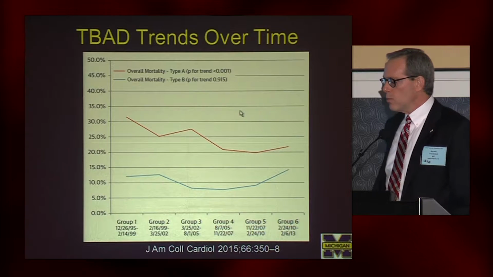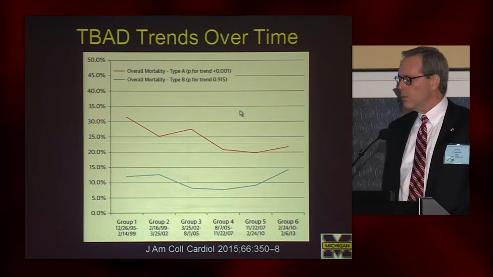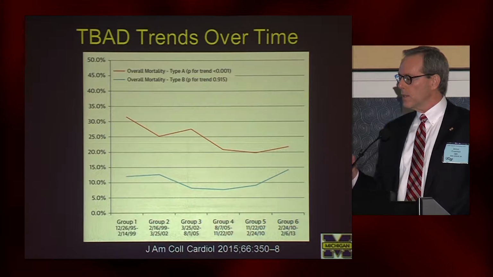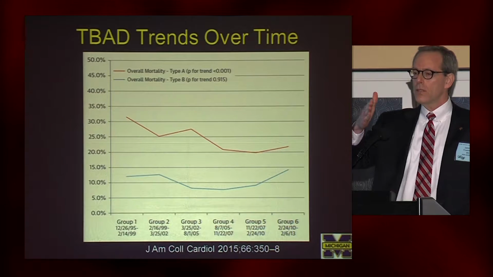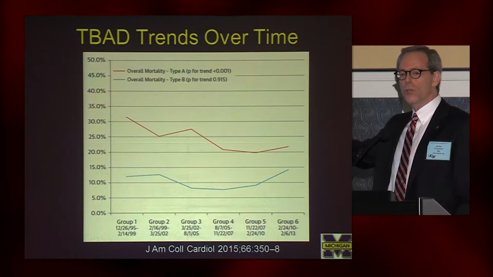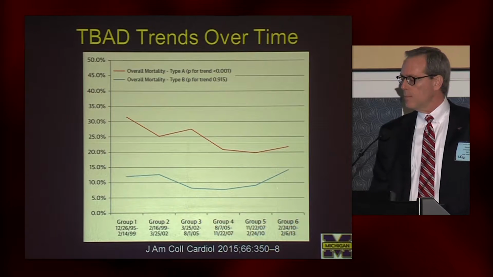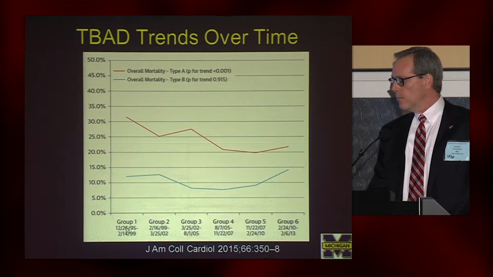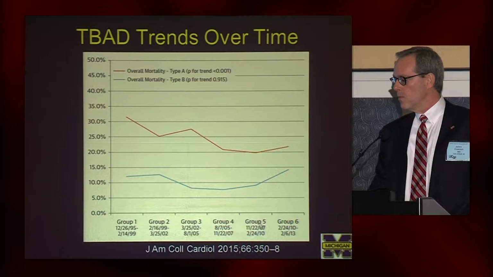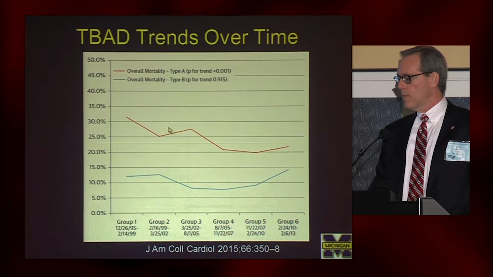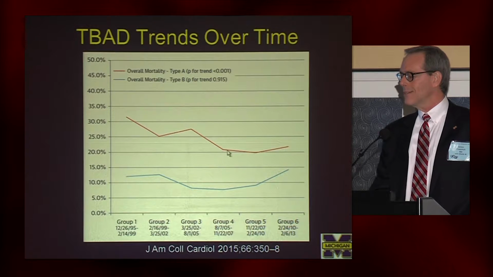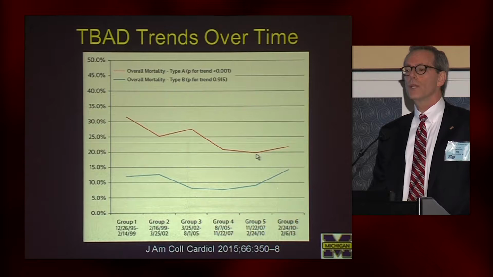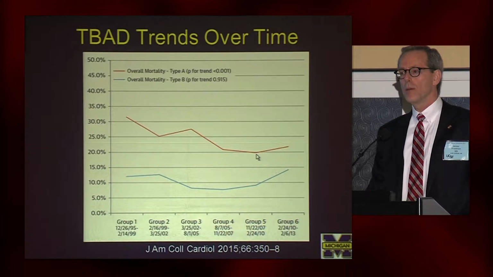So this is a review paper we published about 2 years ago. I wasn't involved in this analysis, but it looked at the IRAD experience in toto up to 17 years at that time. A couple of interesting observations. We divided it up into sextiles in terms of time frame. And as you can see, there's a steady, inexorable, highly statistically significant improvement in type A outcomes.